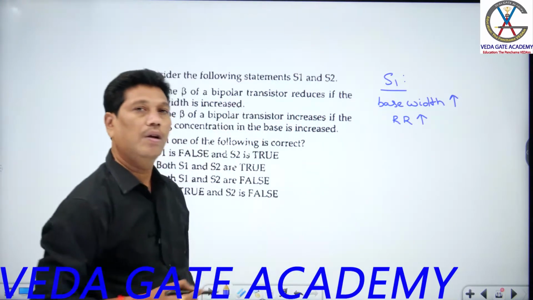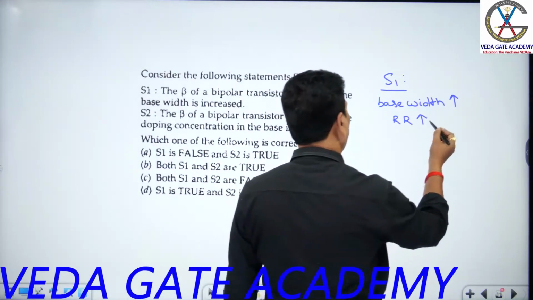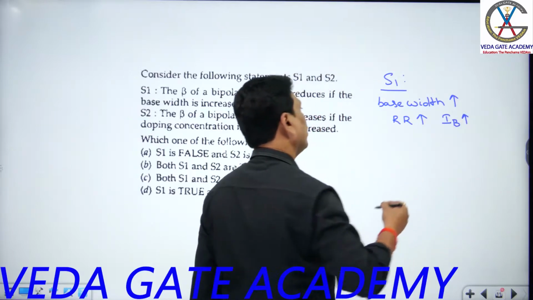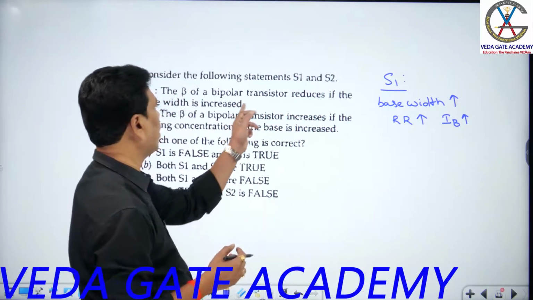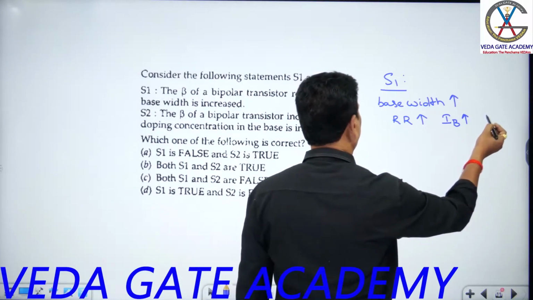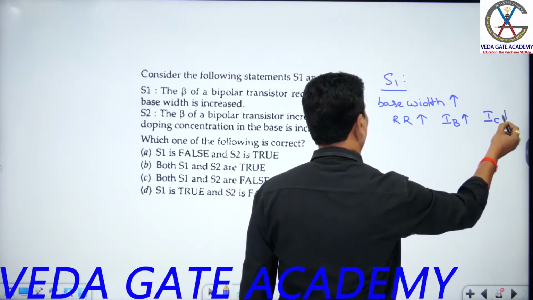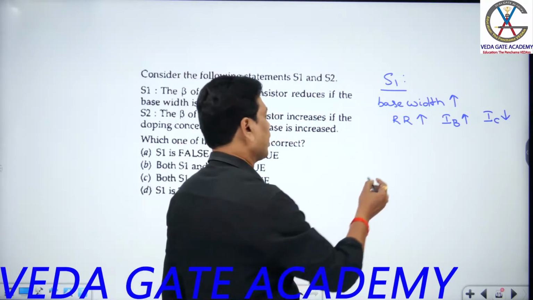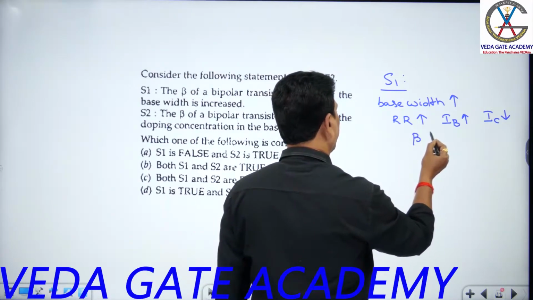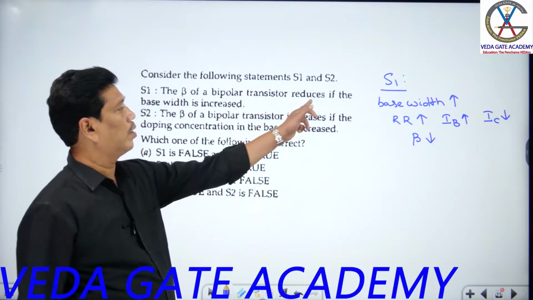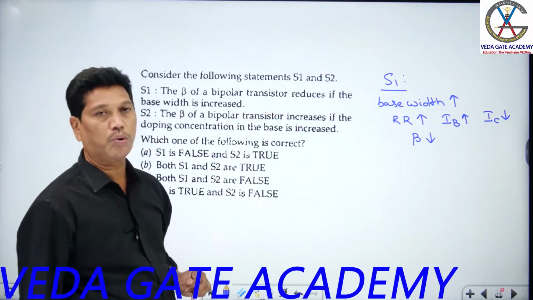Then automatically IB increases. The increase in recombination decreases IC, since the base transport factor decreases. So automatically beta decreases. So S1 is true.